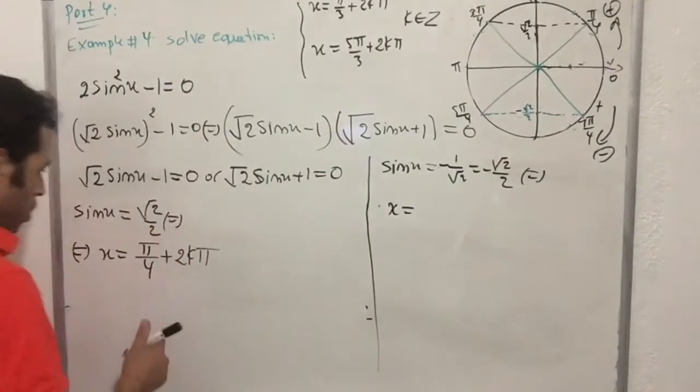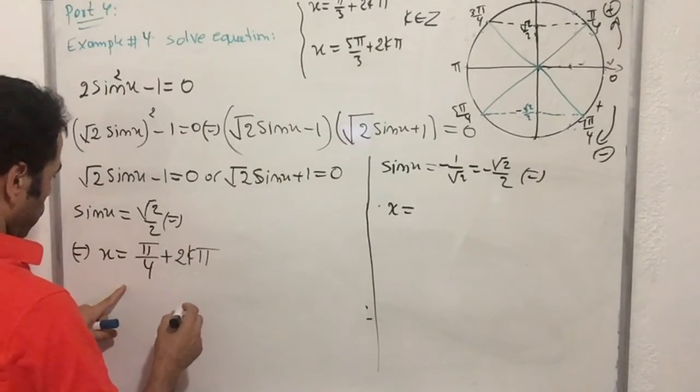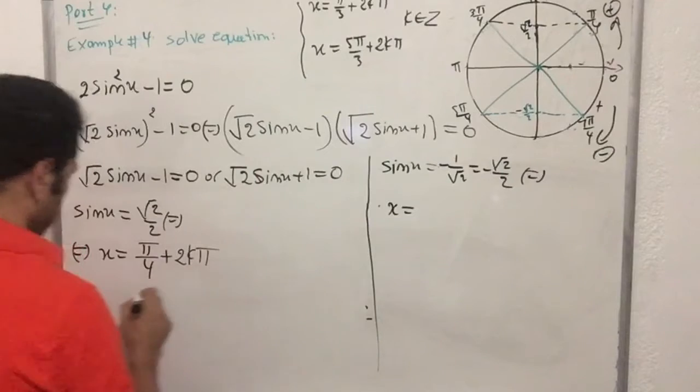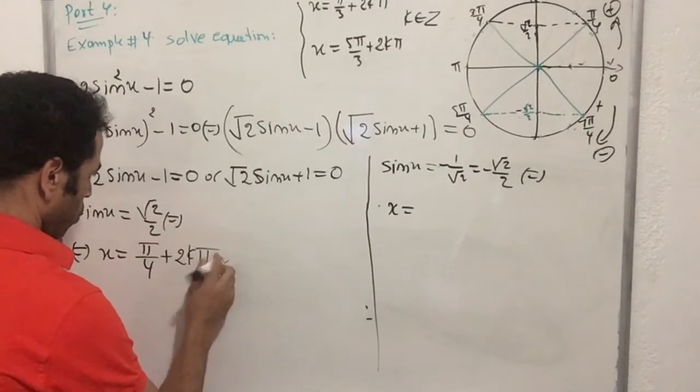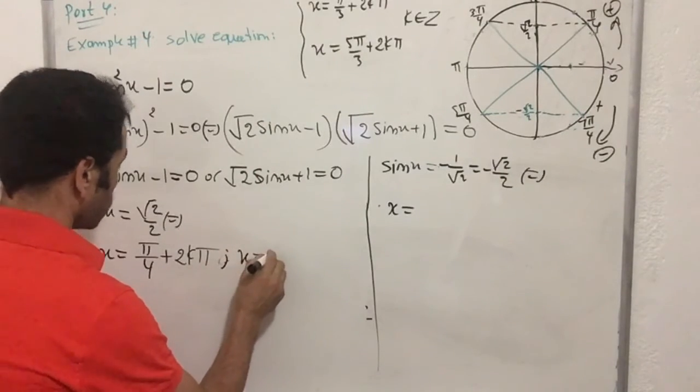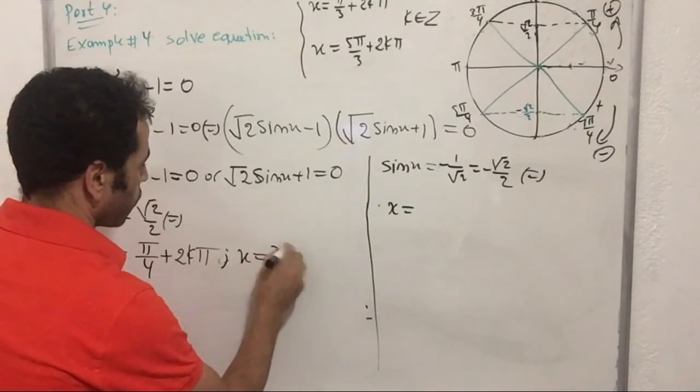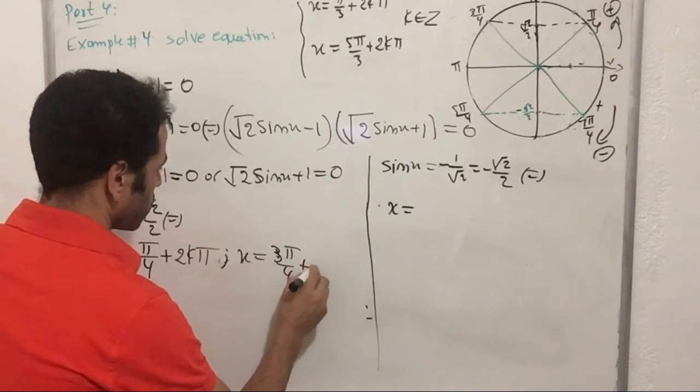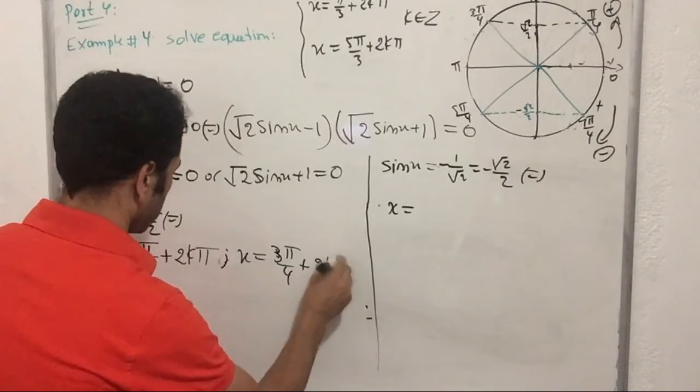So this one, another solution here, or x equal to 3 pi over 4 plus 2k pi.